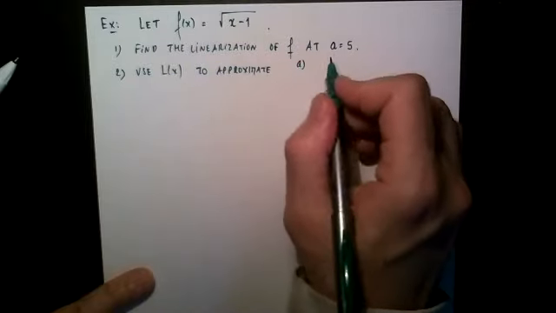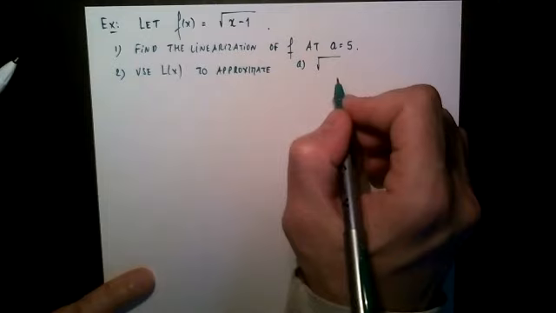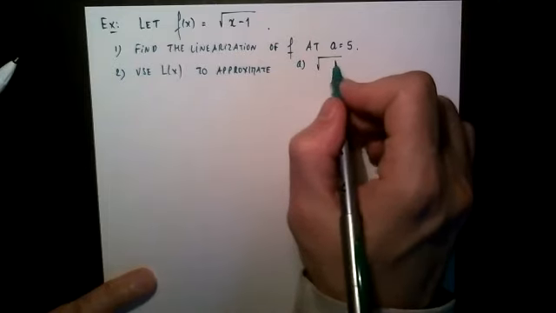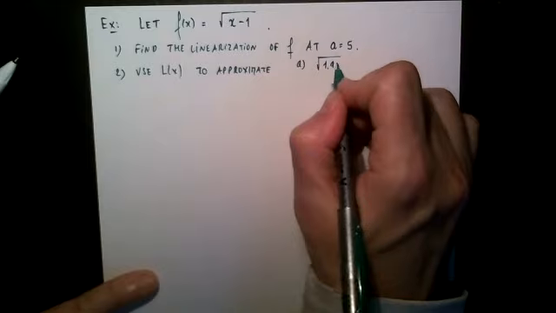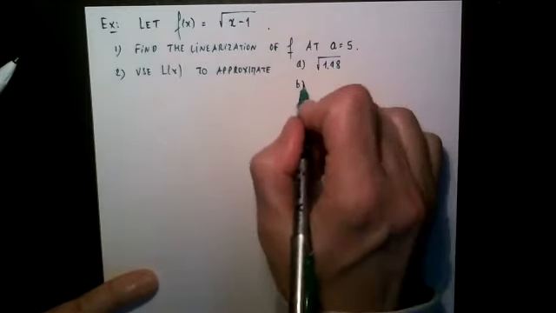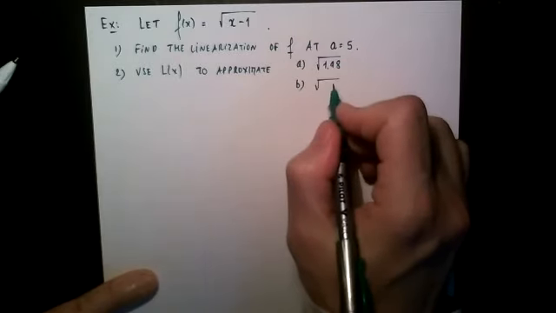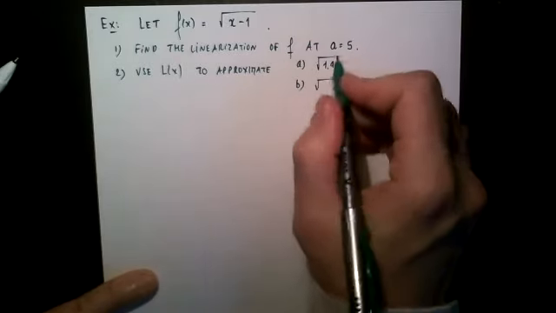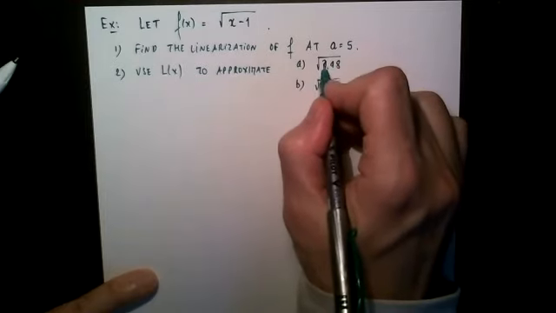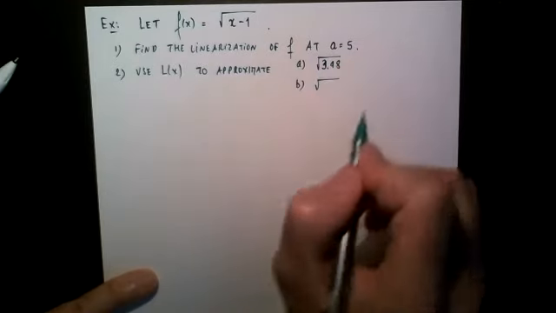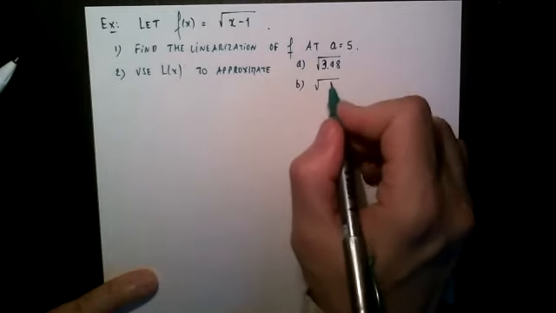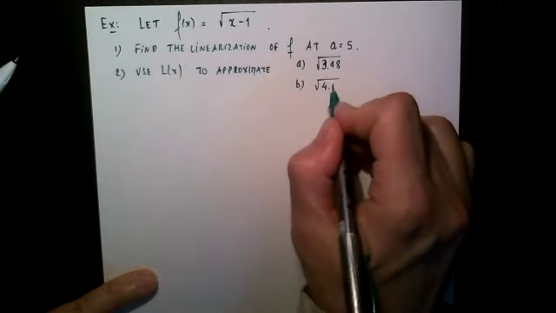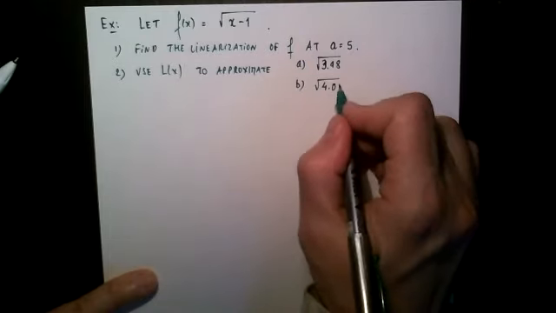So a, the square root of 3.98, and b, the square root of 4.03.